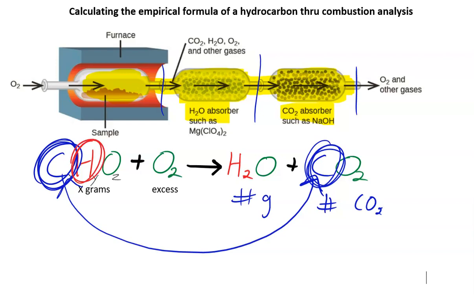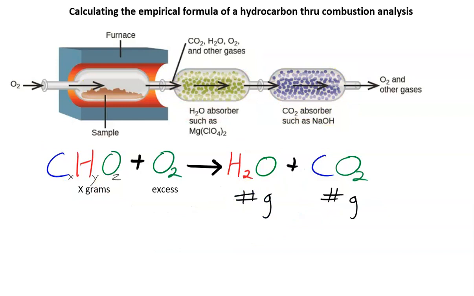Also, all of the hydrogen from the compound goes into the water, and all of the hydrogen in the water came from this compound. If we can figure out the mass of the water through subtraction, then mathematically we can figure out the mass of the hydrogen in the water.